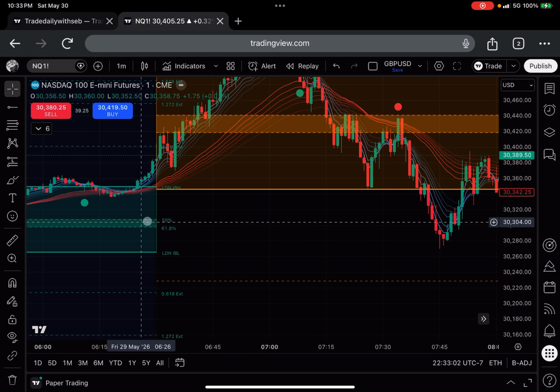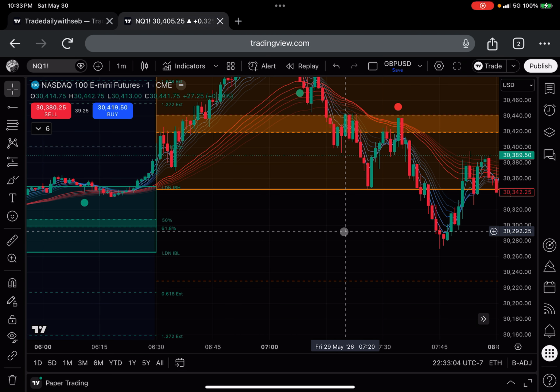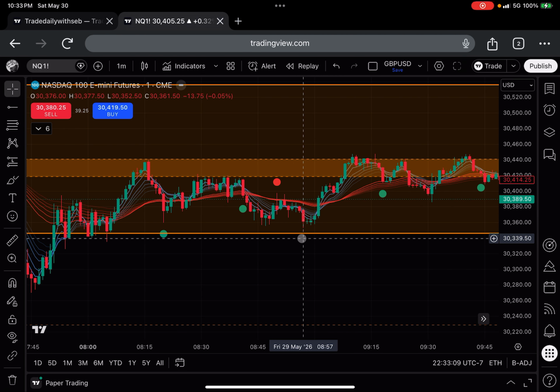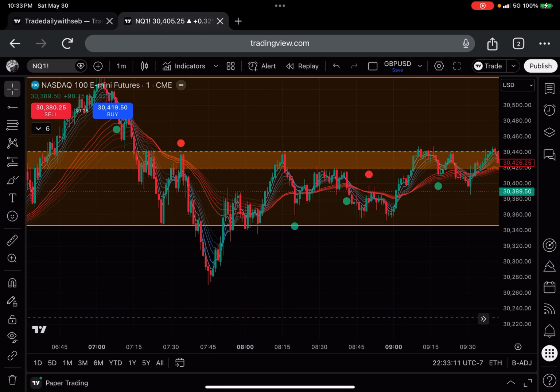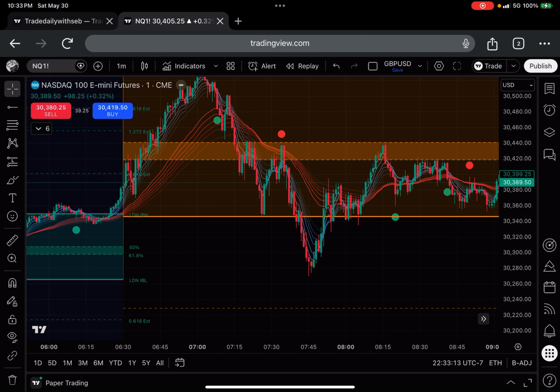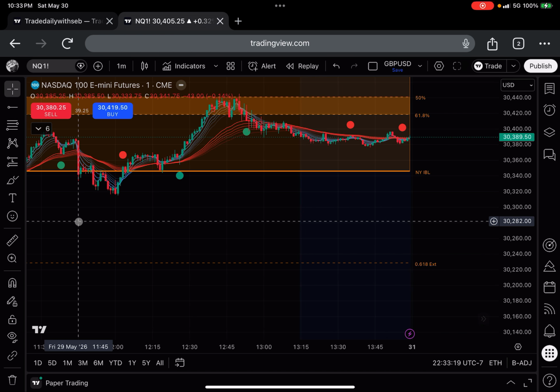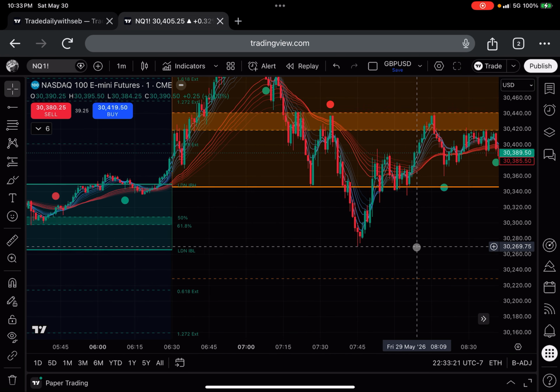I added an OTE to this indicator, and you can just see how it respects that OTE area. Almost came back into the lows. Did we ever get into it? No, we didn't really hit that extension level though.